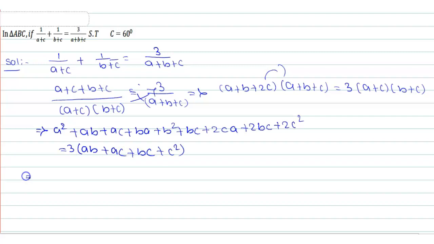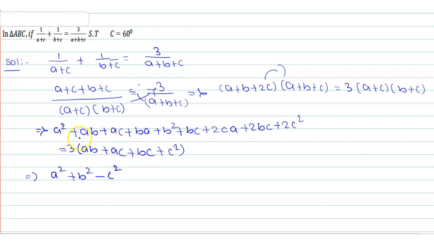Okay, so here ab plus ba is 2ab. Here 3ab is there on the right, so bring everything to one side. The leftover terms are a square plus b square plus 2c square. From the right side, bringing 3c square to the left, that becomes minus c square.